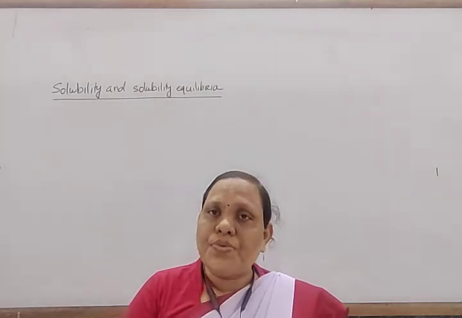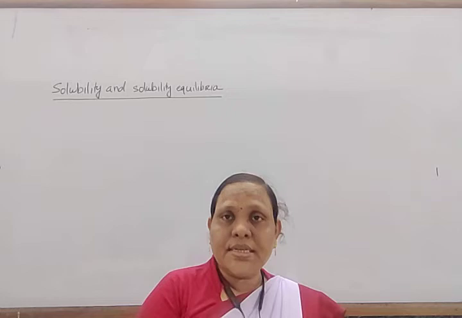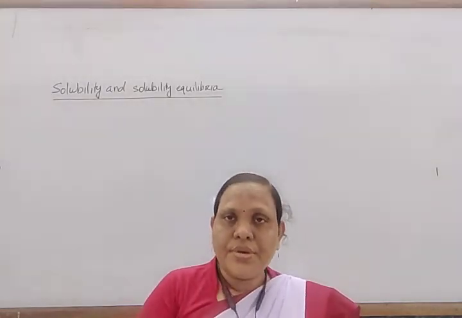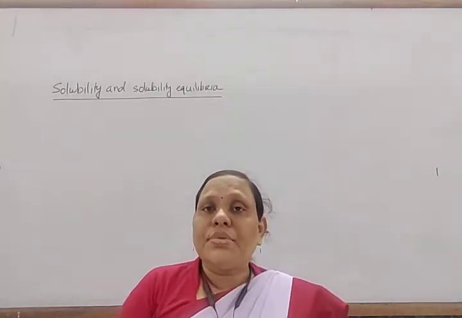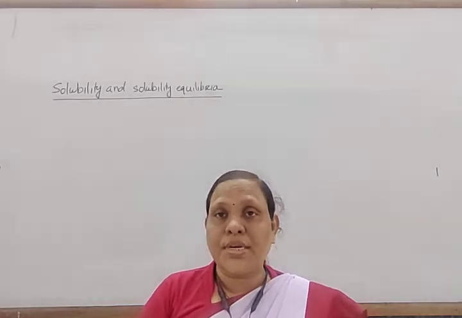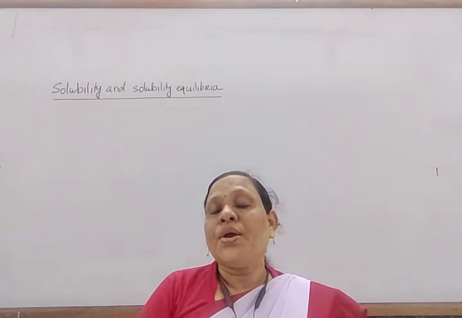If it is cooled down, then after some time some crystals or some solids are deposited and remain in the container. At that condition, the solution becomes supersaturated, where more amount of solute remains undissolved.